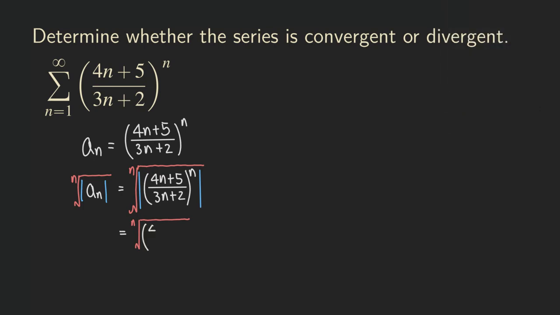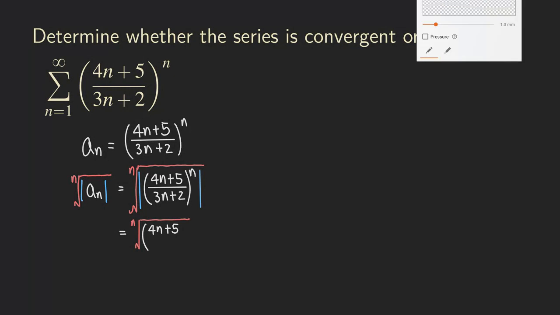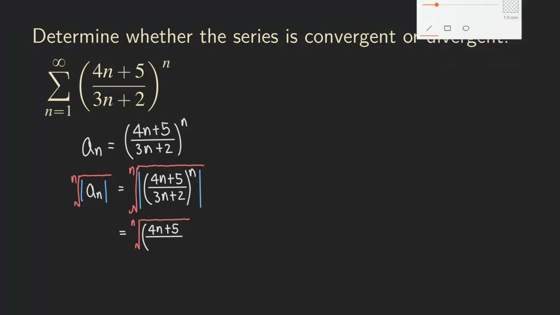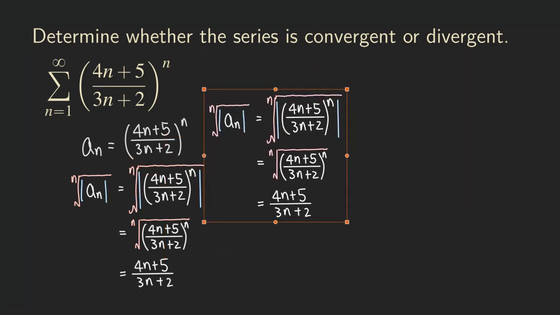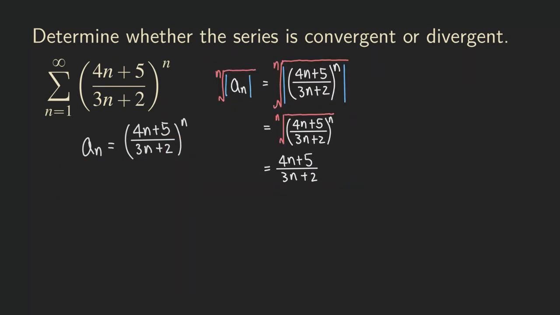That's just 4n plus 5 over 3n plus 2, then to the n power. If you simplify that, that will simply give you 4n plus 5 over 3n plus 2. Okay, so that's what we have there. Actually, I can just move this on the side.